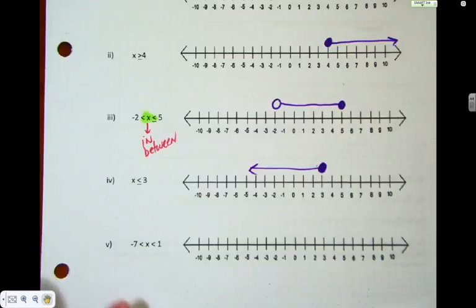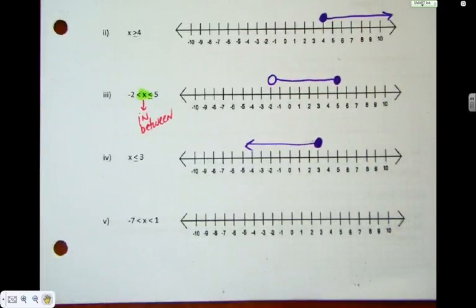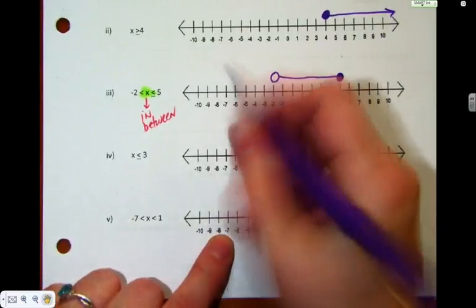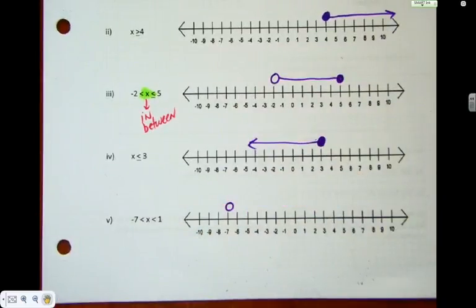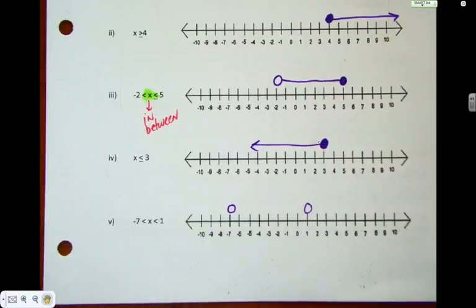Nice. Where would you like me to put a dot? And what kind of dot would you like it to be? Where would you like me to put another dot? And what kind of dot would you like it to be? And how would you like me to draw the line?